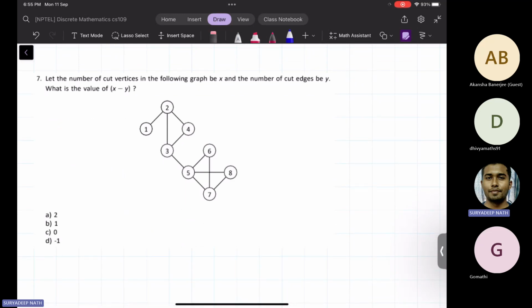Again, let the number of cut vertices of the following graph be x and the number of cut edges be y. What is the value of x minus y? We have discussed what cut edges are.